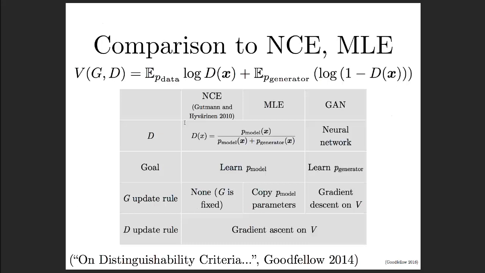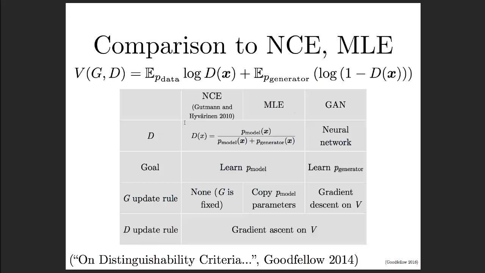For generative adversarial networks, the discriminator is just a neural network that we parameterize directly. The function D of x is just directly implemented. For both noise contrastive estimation and maximum likelihood estimation, the discriminator is a ratio between the model that we're learning and the sum of the model density and the generator density. So that probably got a little bit confusing right there. What is this model that we are learning and how is it different from the generator?